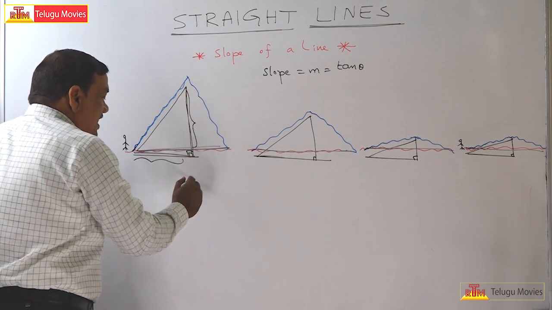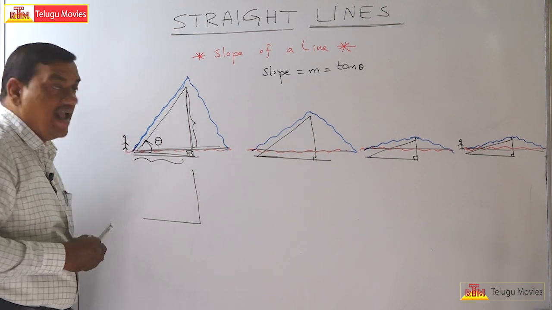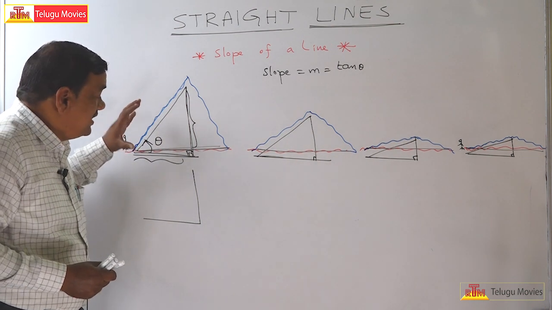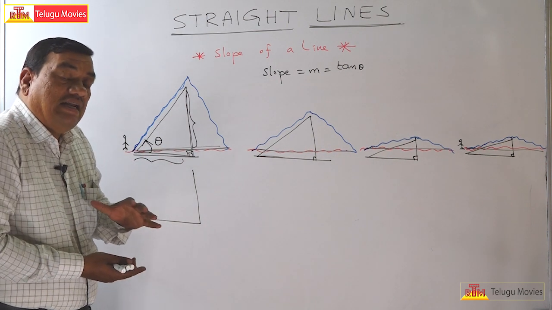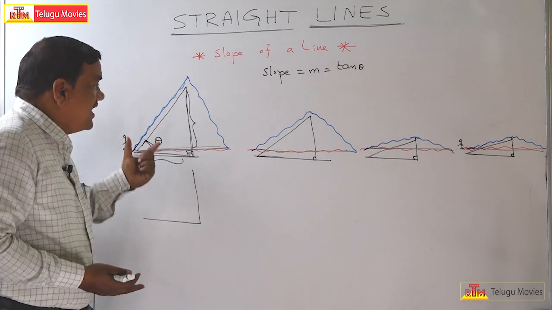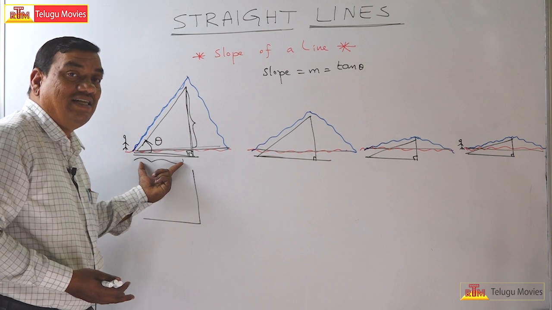If you take this as the angle θ, whatever the steepness is, it is decided mathematically by the ratio of the opposite side and its adjacent side.